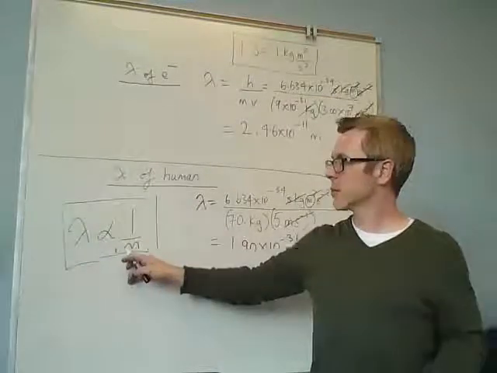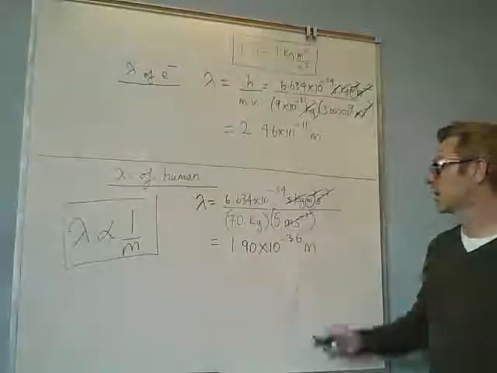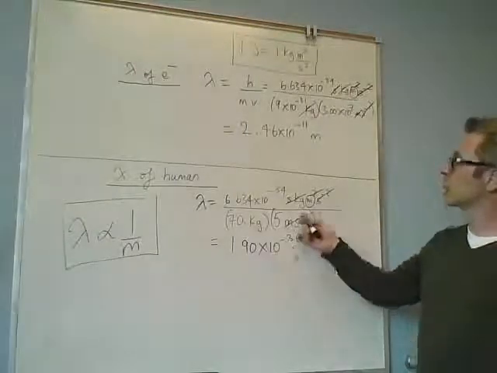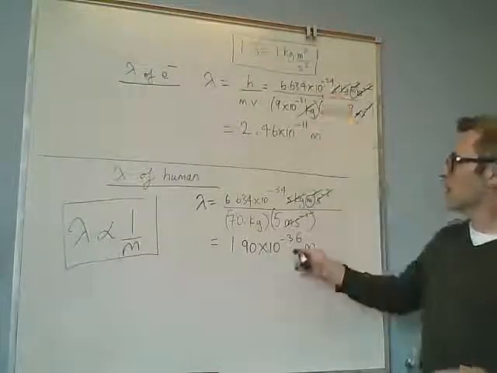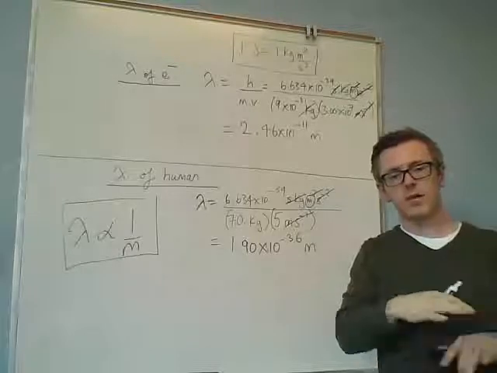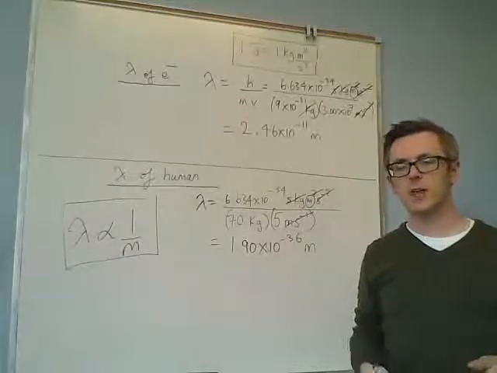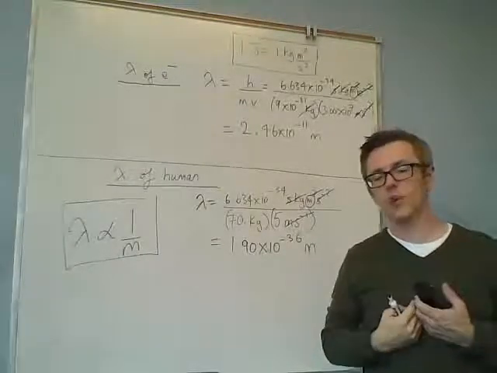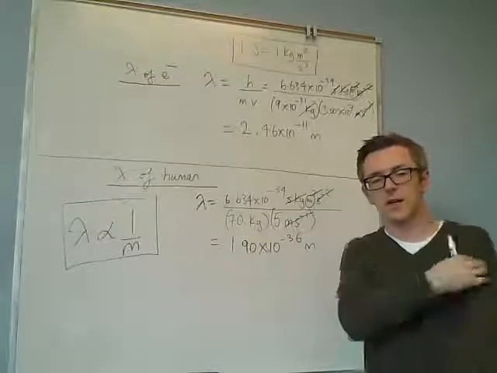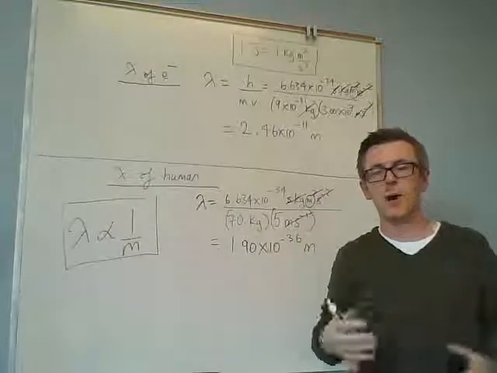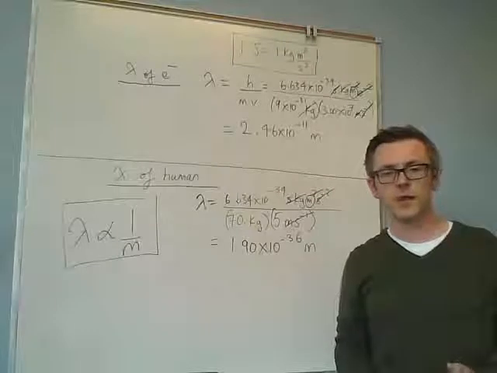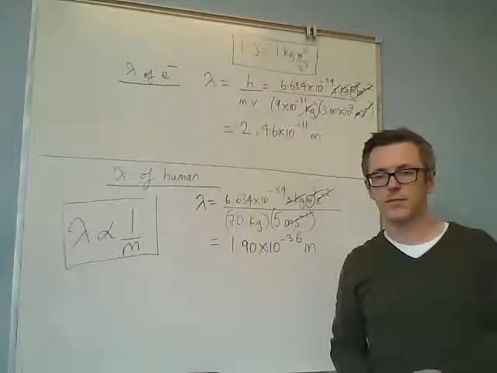So the more massive you are, the smaller your wavelength is. My wavelength is smaller than this value. When that happens, you can pretty much ignore the wave nature of the object. So that's why I don't look like a wave to you. I look like a particulate object. I'm dominated by particles. Not true for electrons.